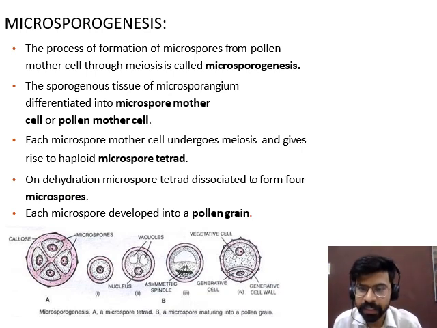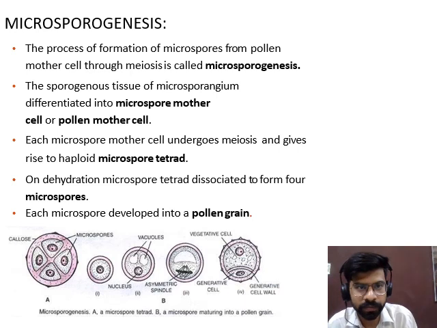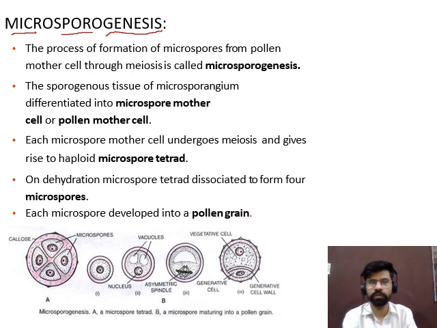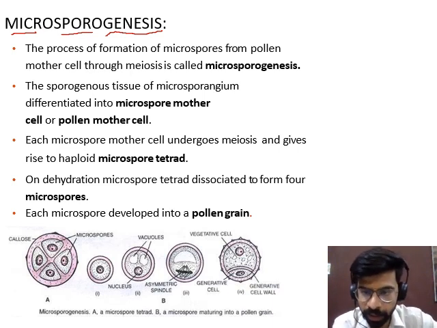Now microsporogenesis. Genesis means formation. Micro means small. Sporo means spores. So pollen grain is microscopic. So the formation of pollen grain is known as microsporogenesis.